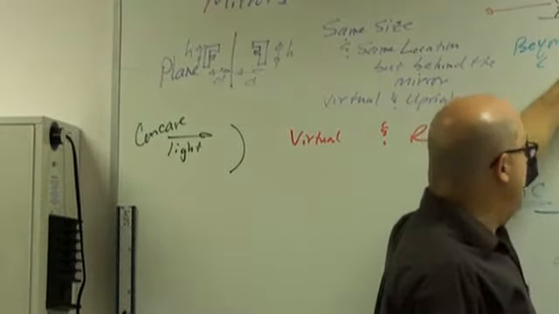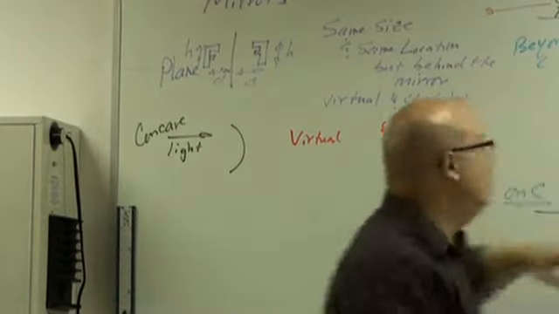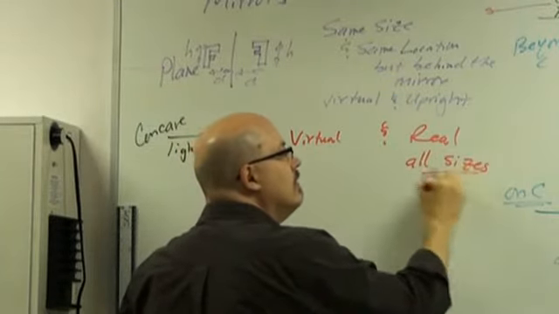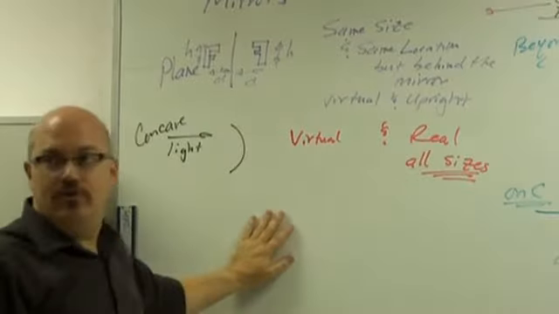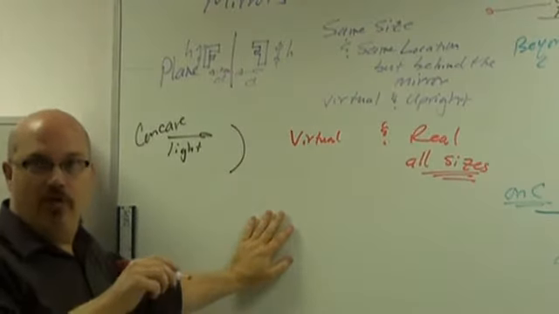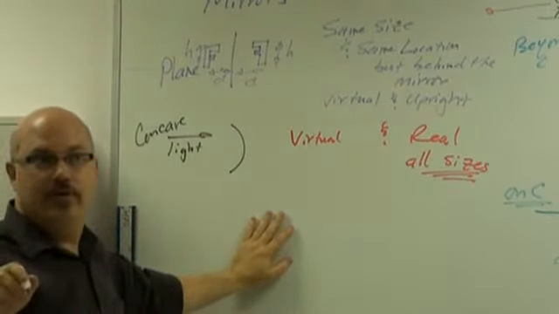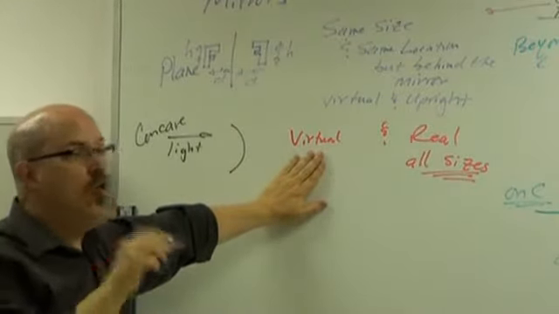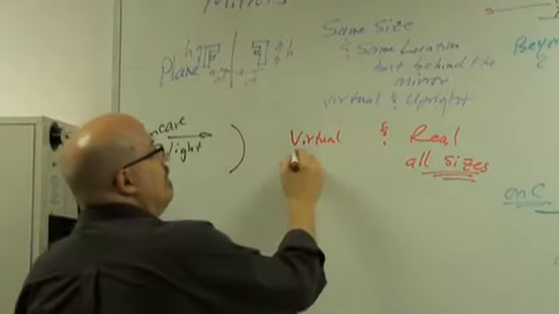Small, same size, larger, so all sizes can be produced. Okay, what about virtual though? Only larger images. Only enlarged images.